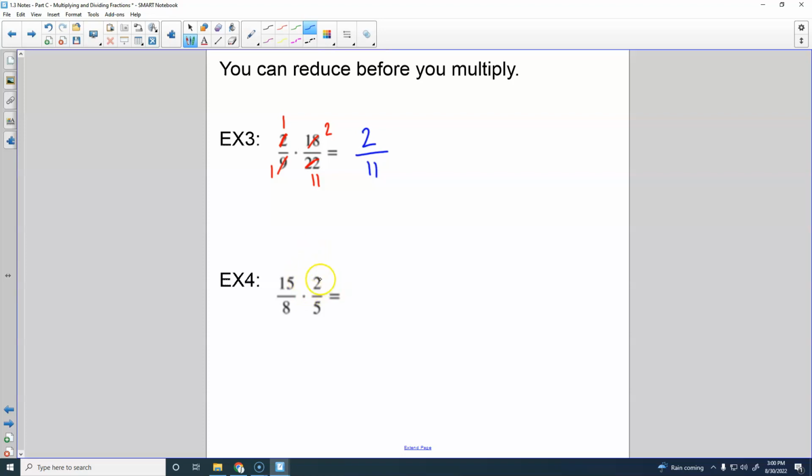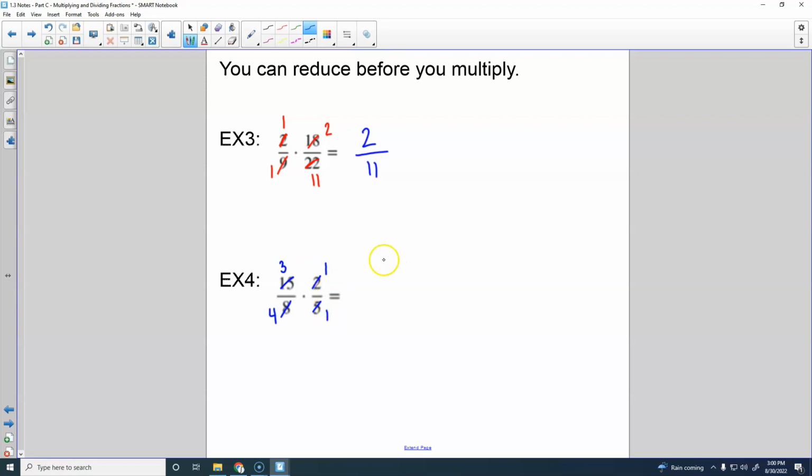So if I look at 2 and 8, what can I divide 2 and 8 by? 2. So 2 divided by 2 would be 1. 8 divided by 2 would be 4. And then 5 and 15 can both be divided by 5. So 15 divided by 5 would be 3. And 5 divided by 5 would be 1.